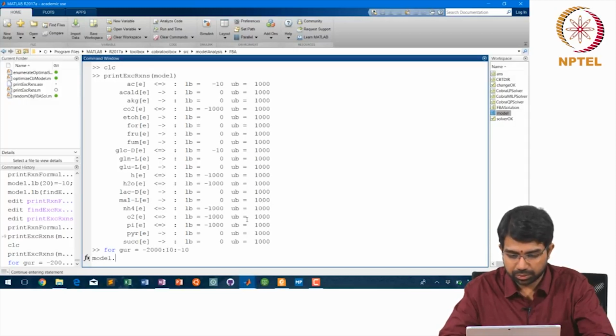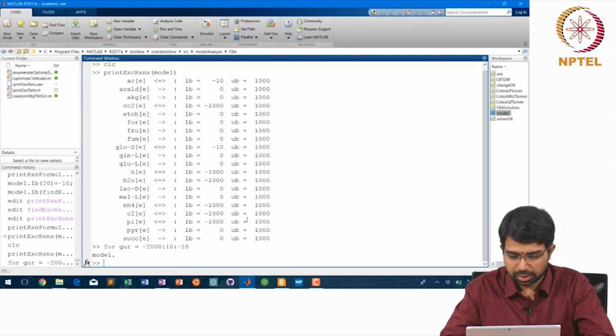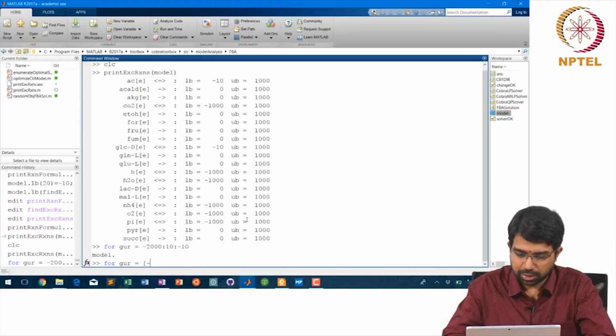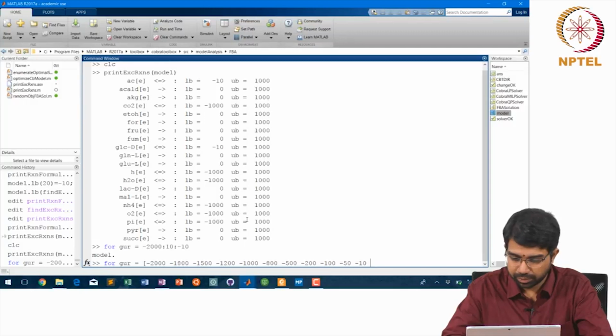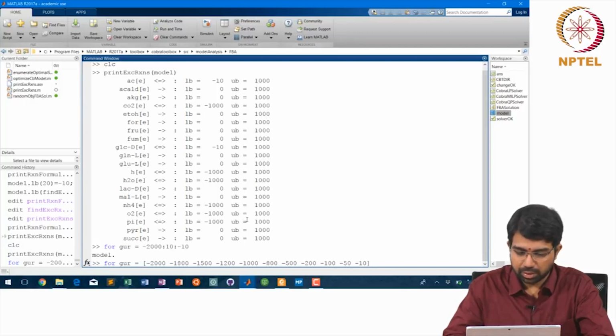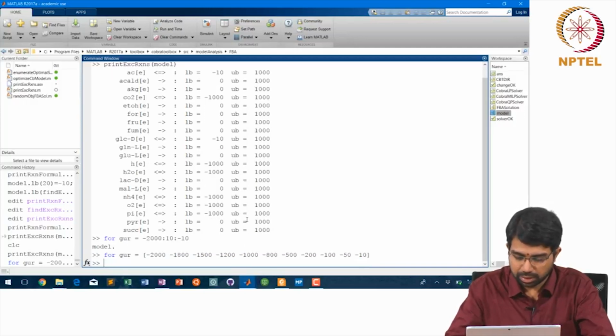Let us make a few more steps: minus 2000, minus 1800, minus 1500, minus 1200, minus 1000, minus 800, minus 500, minus 200, minus 100, minus 50, minus 10.